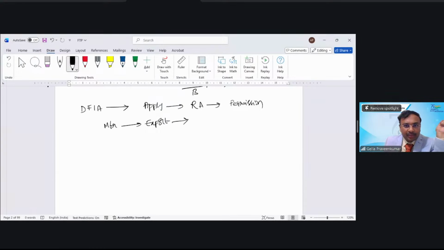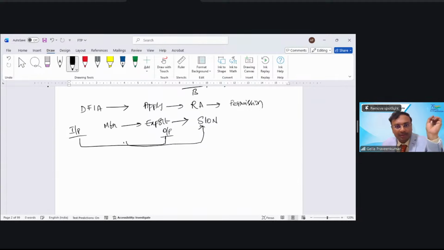On the basis of export, there is something called the standard input output norm. What are the inputs you have used to manufacture the output? This gap, input processed as output, is fixed by the standard input output norm.